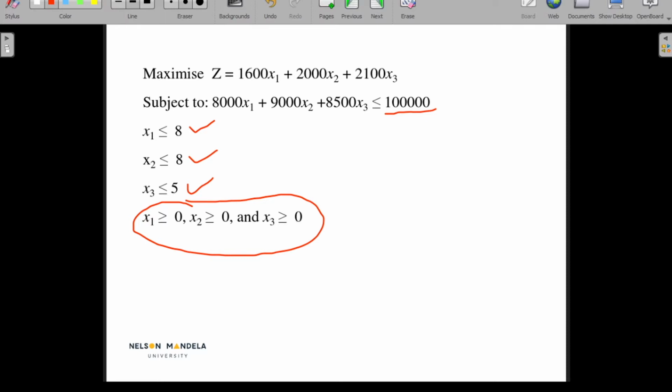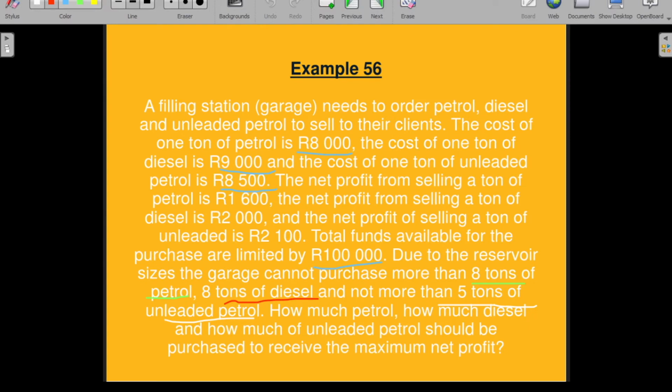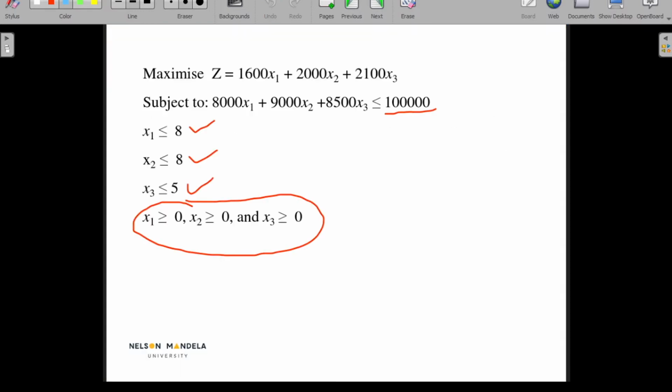So if we go back to our question, the net profit from selling a ton of petrol is 1,600, for diesel 2,000, and for unleaded petrol 2,100 rands, and we would like to maximize our profit. So that will then be translated into the following. We want to maximize the objective function, which is given by that mathematical model.